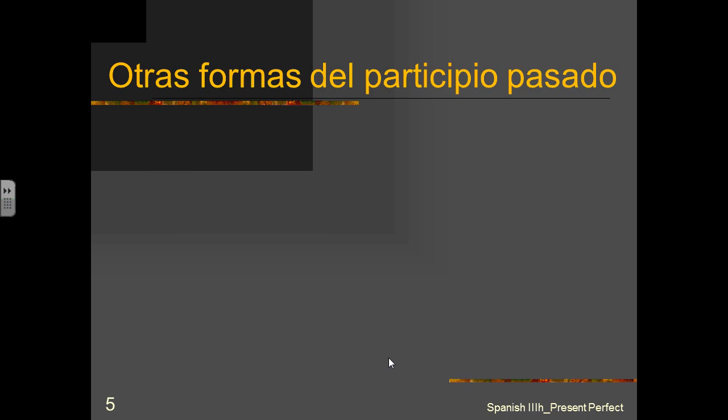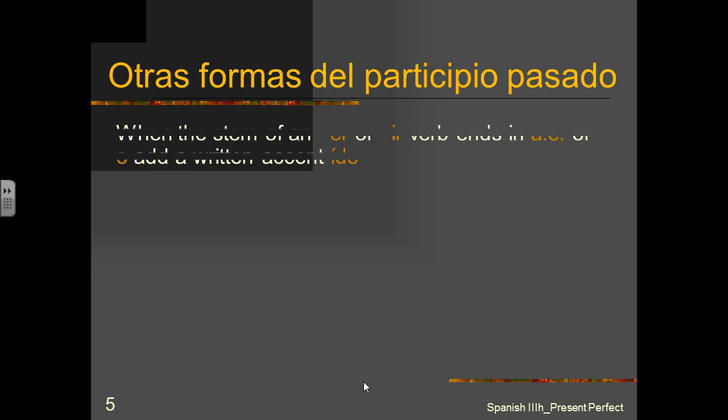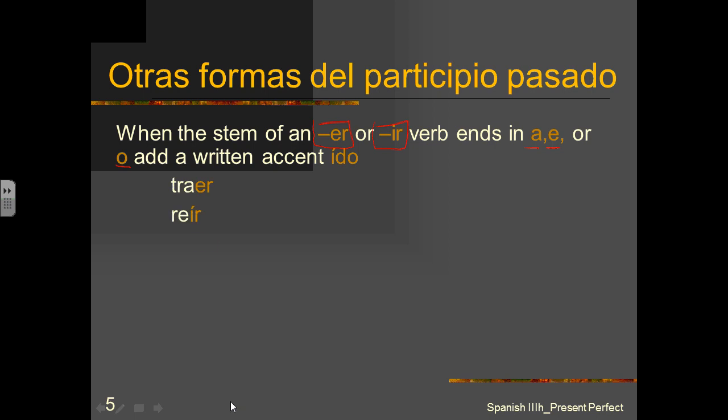Okay? Otras formas del participio pasado, when the stem of an ER or IR verb ends in A, E, or O, you add a written accent over the I. Okay? So, por ejemplo, traer, reír, creer, ver.